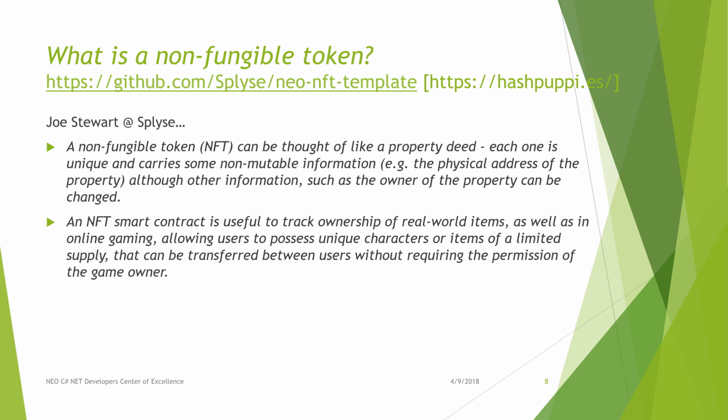The physical address, perhaps the dimensions of the property, the amount of footage, etc. So an NFT smart contract then is useful for tracking the ownership of real-world items and can also be used in online gaming to allow users to possess unique characters or characteristics that are of limited supply and being able to transfer those between users.